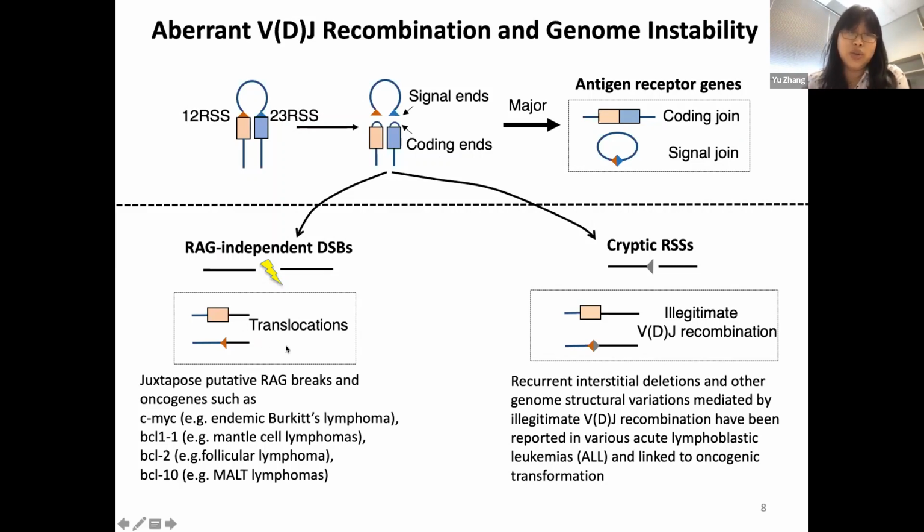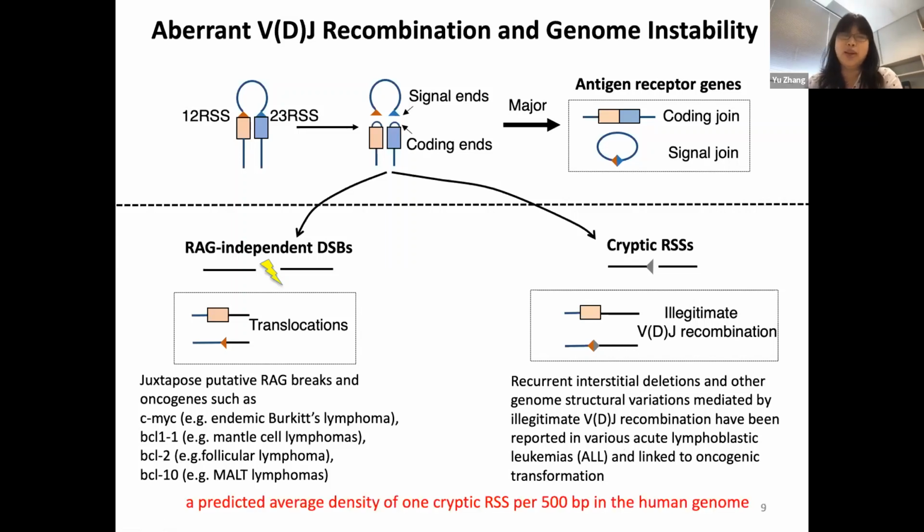This can lead to oncogenic translocations that place a strong enhancer in the antigen receptor loci next to oncogenes. On the other hand, RAG can also target cryptic RSS in the genome outside of the antigen receptor loci, and this can lead to recurrent interstitial deletions and other genome structural variations that are often reported in acute lymphoblastic leukemias.